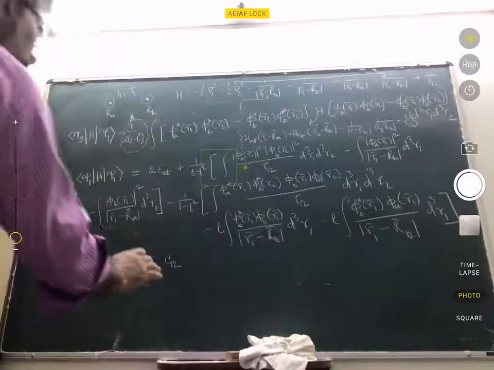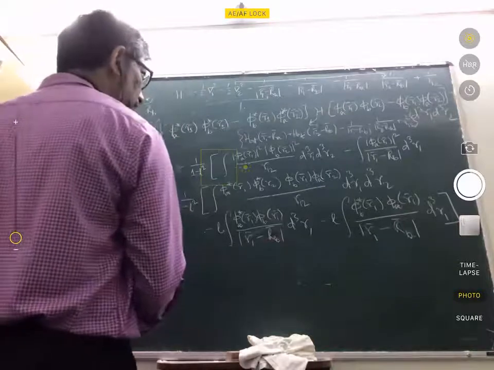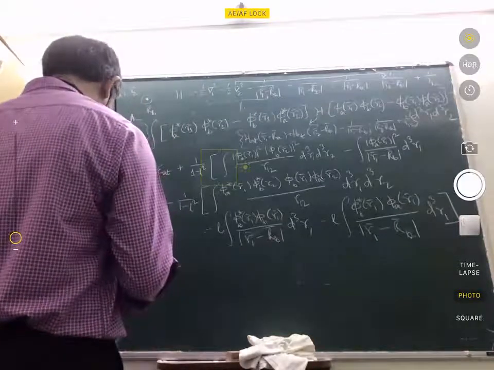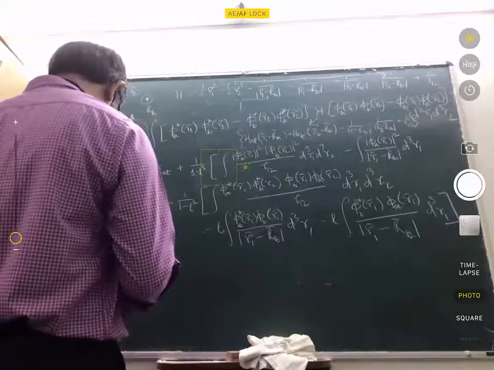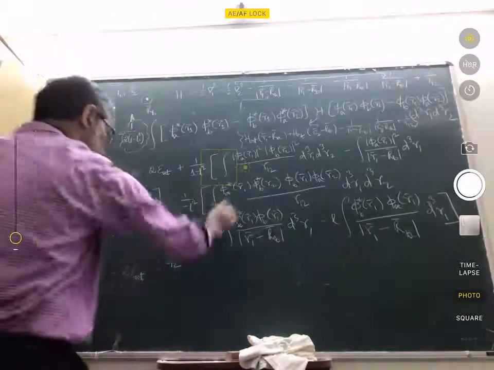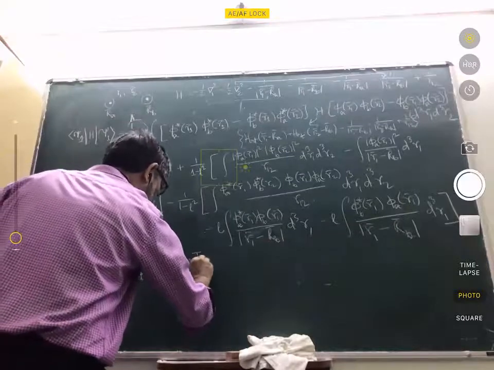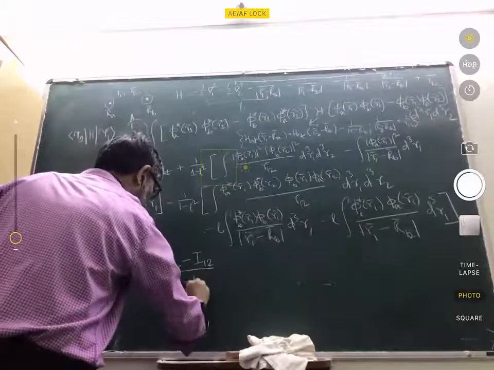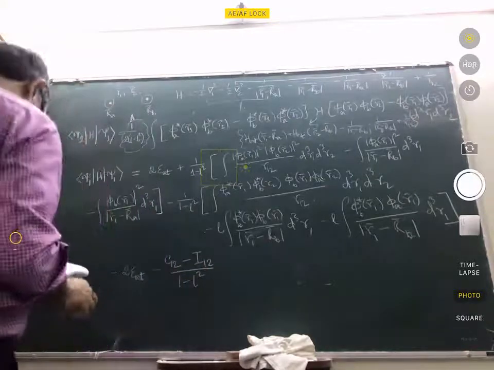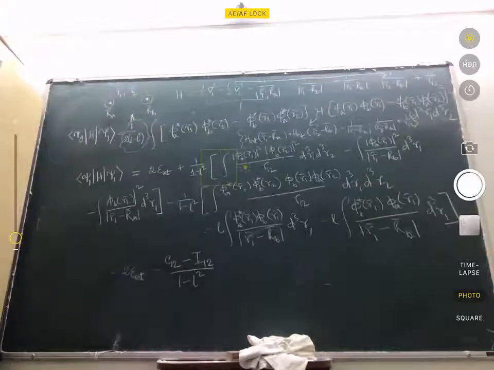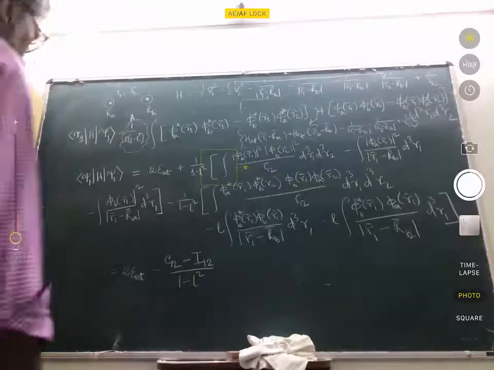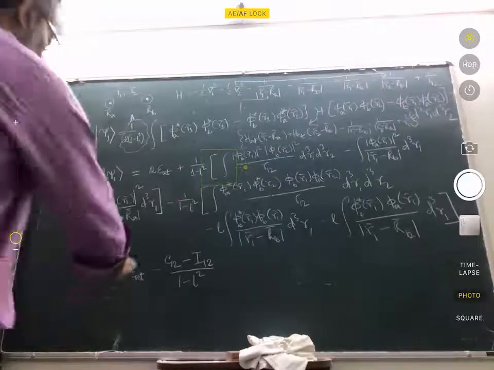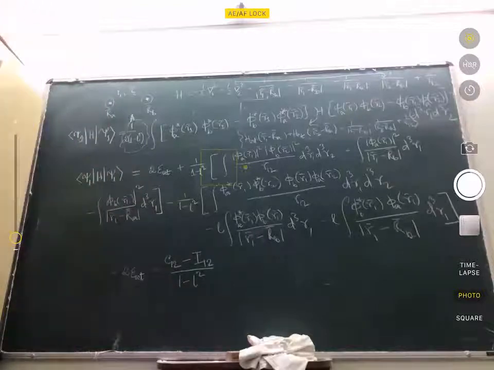So this whole thing will be written as the exchange term. So basically, we call this whole thing I12 with 1 minus L squared, right? Okay, so these are just definitions, C12 and I12, but this is how we write it.